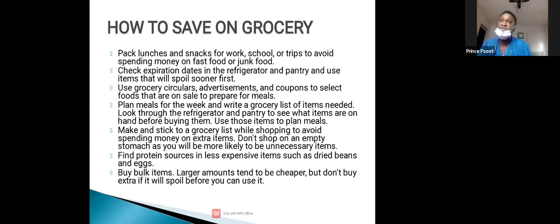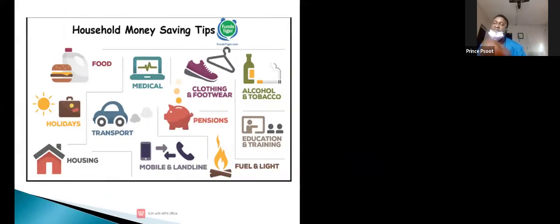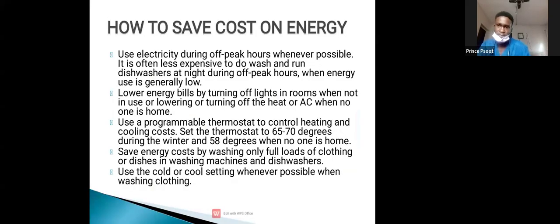Then we talked about how to save on groceries, how to save on household costs. Then finally, we discussed how to save on energy, and we were able to talk about a variety of things that can be done in order to reduce family cost.